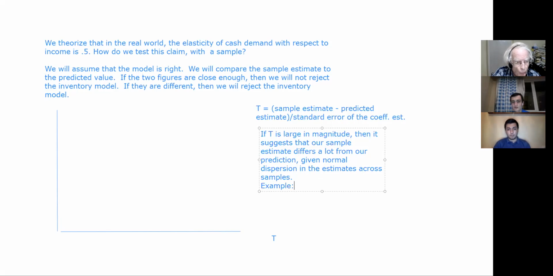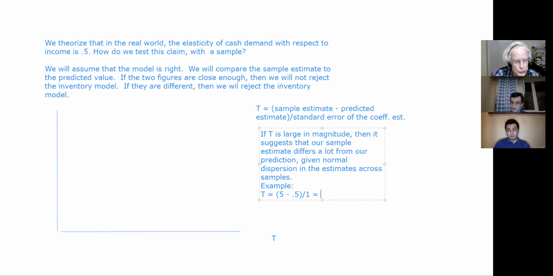So here's an example. Suppose that we get on the income coefficient in the sample a value of, let's say, 5. So there is our sample estimate. Our predicted estimate from the inventory model is 0.5. And then let's say that our standard error in this case is equal to 1.